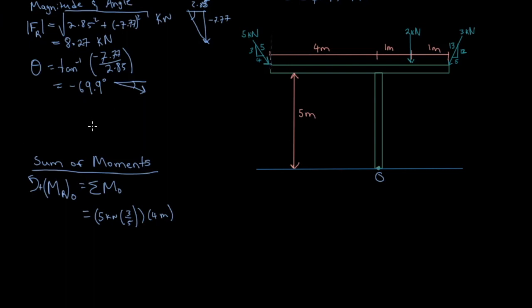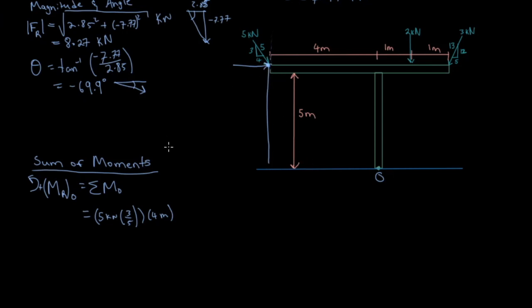Now let's consider the horizontal component of this force. Here we have this component of the 5 kilonewton force times the perpendicular distance, and as you can see, the perpendicular distance is 5 meters.